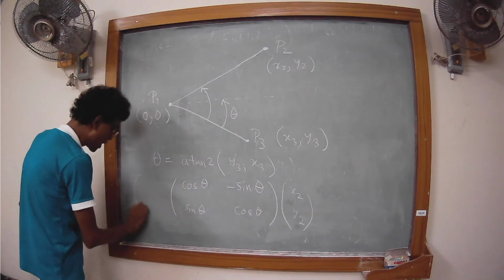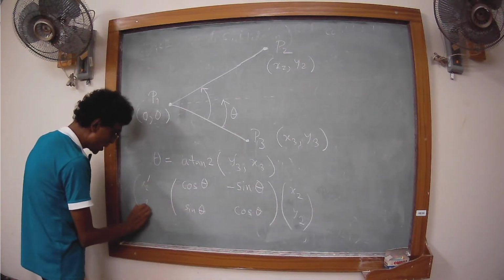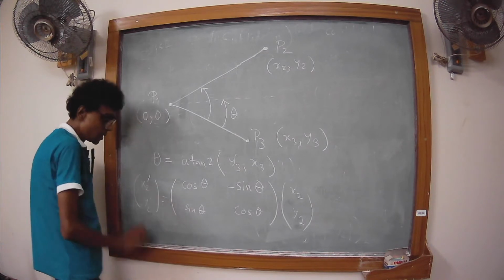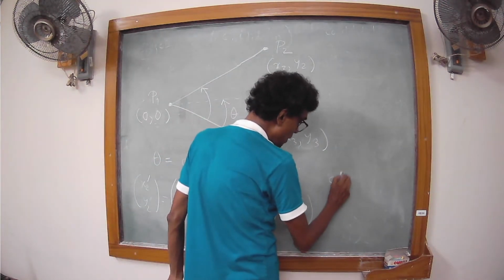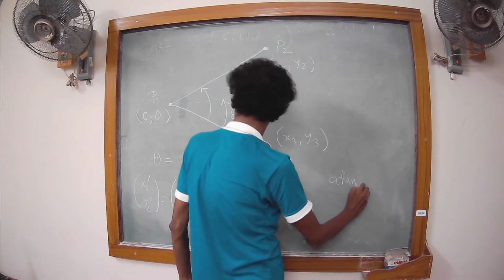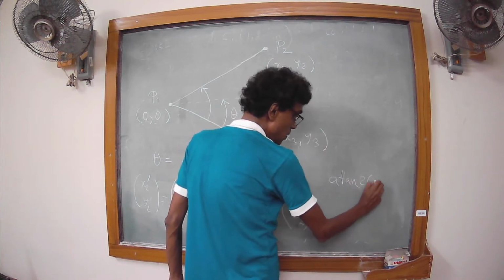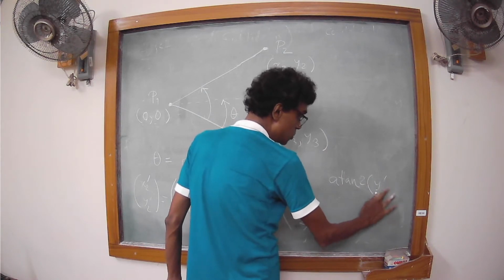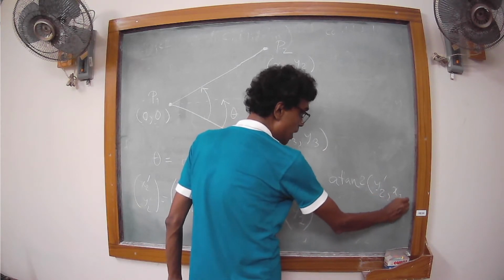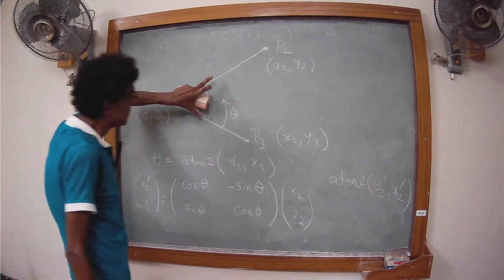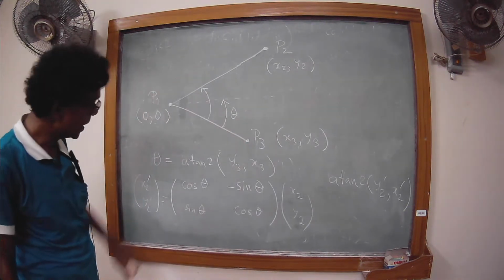If this is x2 prime, y2 prime, then I make another call, atan2, on y2 prime, x2 prime, to compute this entire angle. Okay.